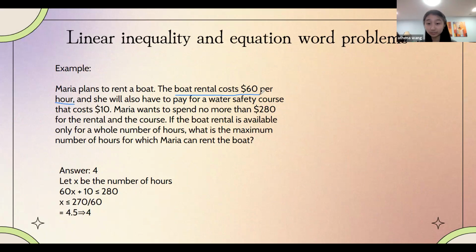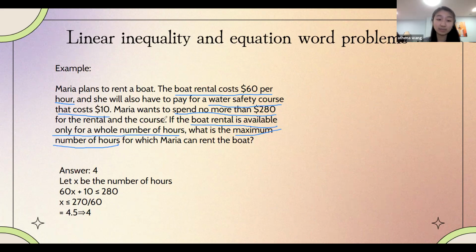That is important. And then she will have to pay for this course. This is a fixed cost that costs $10. So she wants to spend no more than $280 for both of these. And the boat rental is available only for a whole number of hours. So we need the maximum number of hours that she can rent the boat for.